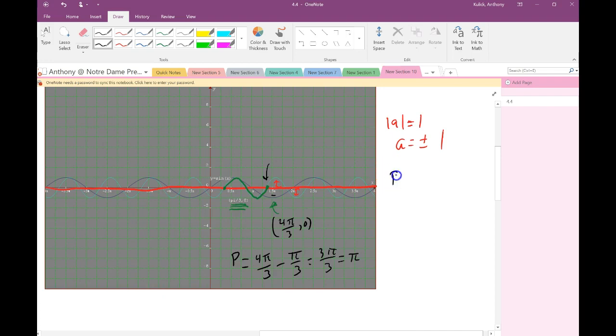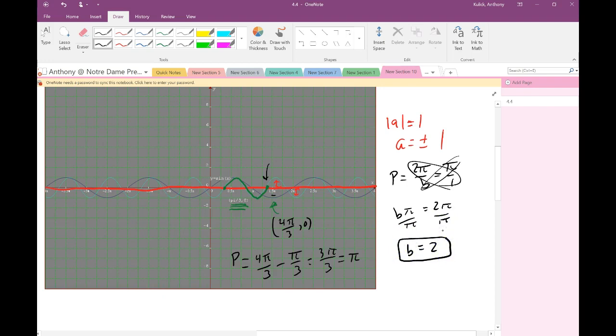And since I know the period is 2 pi over b, I can now set up a proportion, cross-multiply, and solve for b. And if I divide both sides by pi, I got that b is equal to 2.